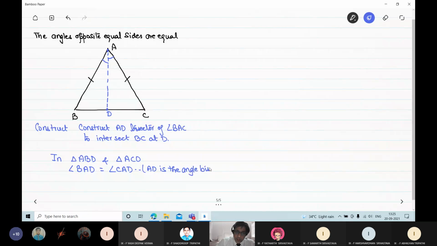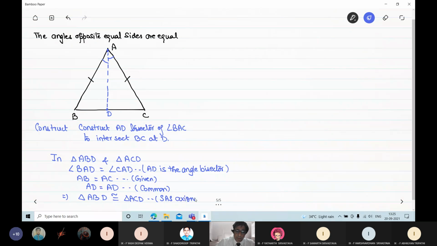This is by construction. The second thing we know is AB is equal to AC. This is given to us. The third thing is AD is equal to AD, which is common in both the triangles.